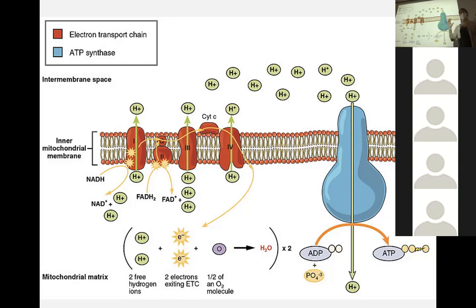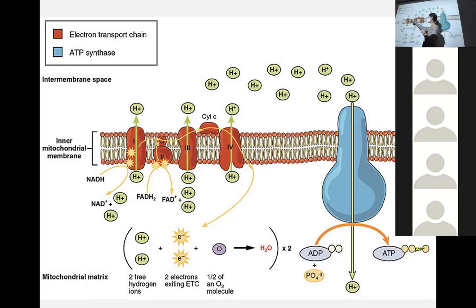Just to review, this last step of oxidative phosphorylation, we start out with the electron transport chain. Electrons are brought in on NADH. Remember, that's our electron shuttle. So NADH here is bringing the electrons that we need, along with FADH2. So those two electron shuttles are bringing over electrons.